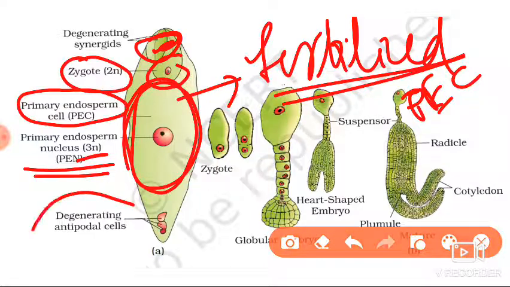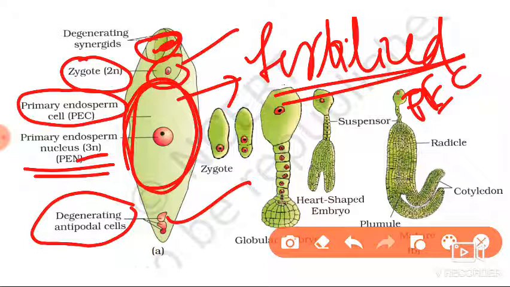Here the degenerating antipodal cells and synergid cells are going to disappear. What remains here is only the zygote, the primary endosperm cell, and the primary endosperm nucleus, and all the remaining are going to degenerate.